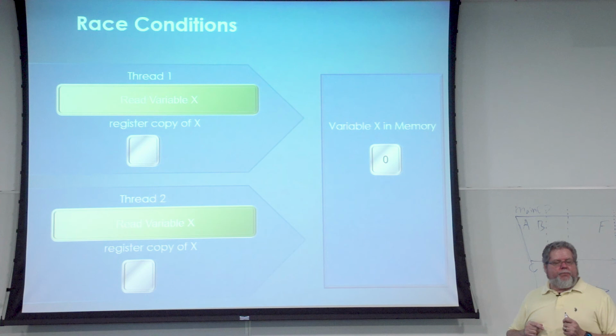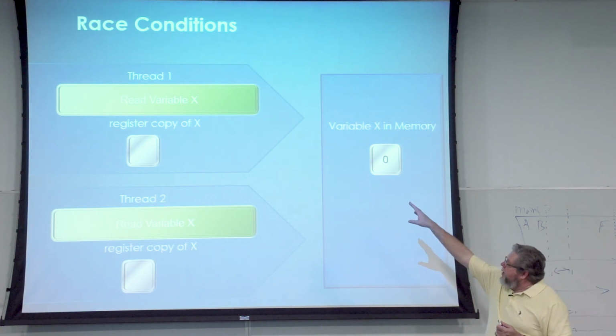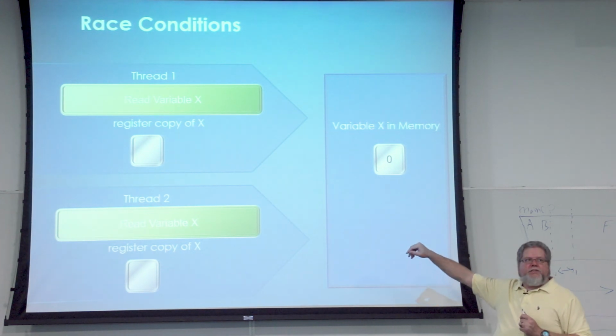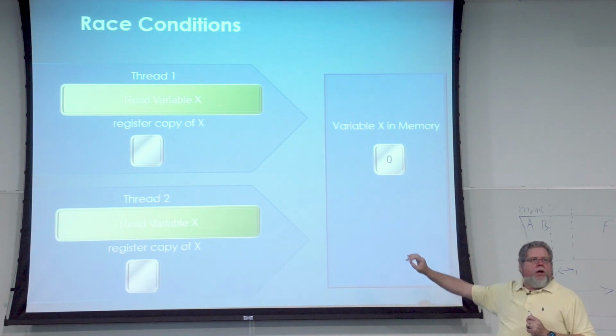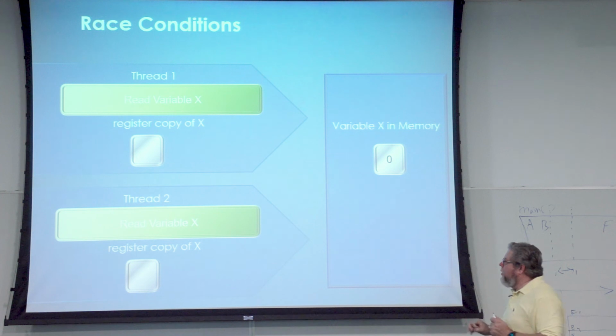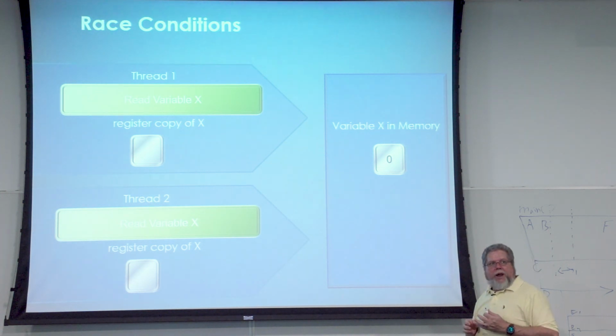Okay? So I've launched 2 threads. Up here in the green box, this is what the threads are doing. They're running the exact same line of code at the same time. So in order to increment, we're going to break it up into its stages.